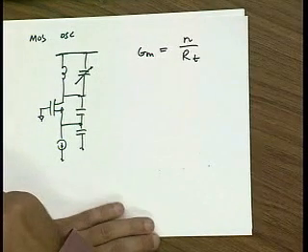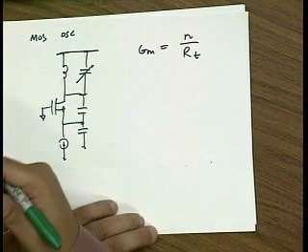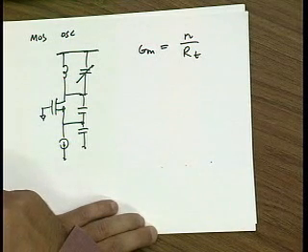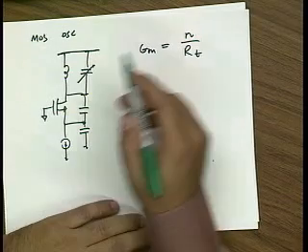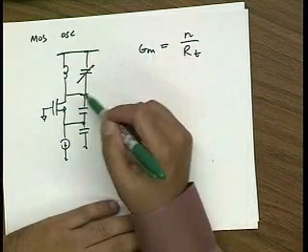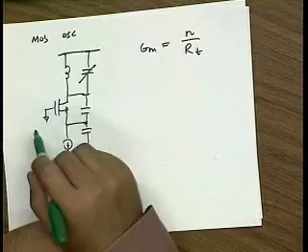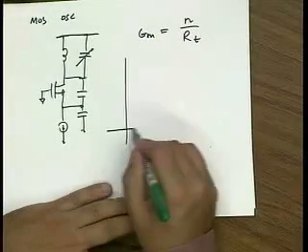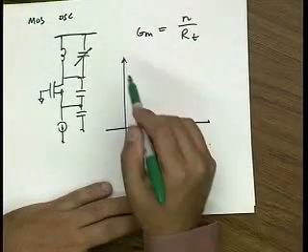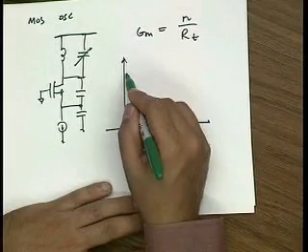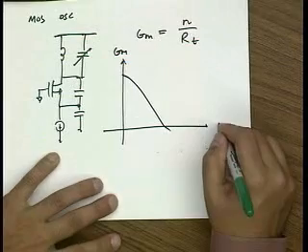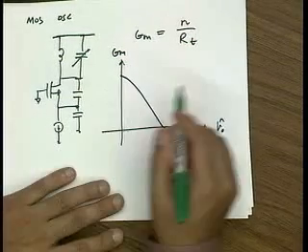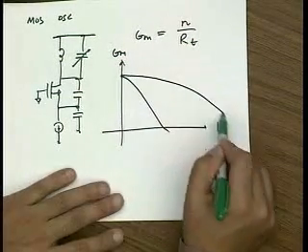Now, because bipolar GM is much larger than MOS GM, and because the bipolar is much more nonlinear than the MOS, this is a question that David asked last lecture, what we find is that for a bipolar device, the GM curve might look something like this. So this is GM versus the oscillation amplitude. For MOS, it might look something like this.